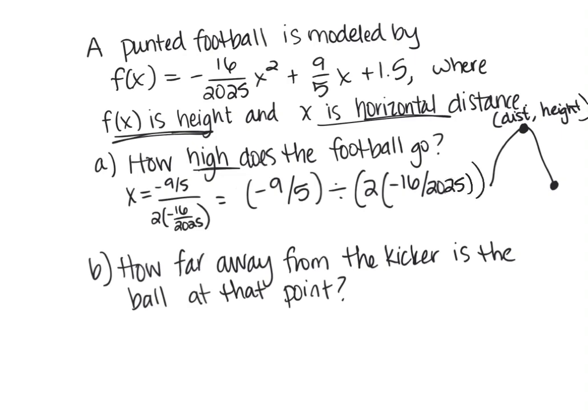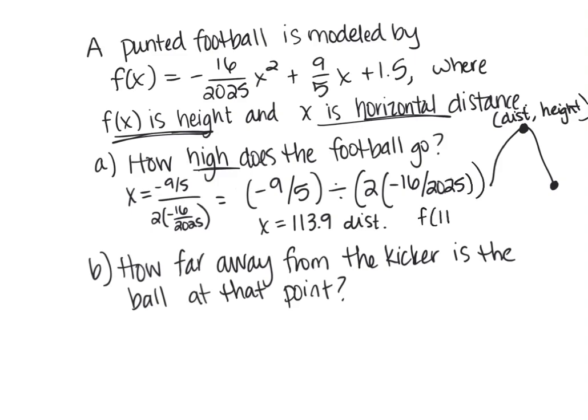If we don't put all of those parentheses in, the calculator gets real confused. So -9/5 divided by 2 times -16 divided by 2025 with all of those parentheses. And it looks like my x is 113.9. That is the distance here based on the equation.